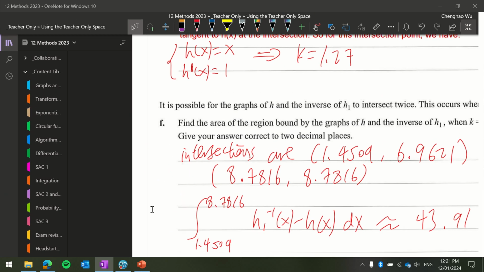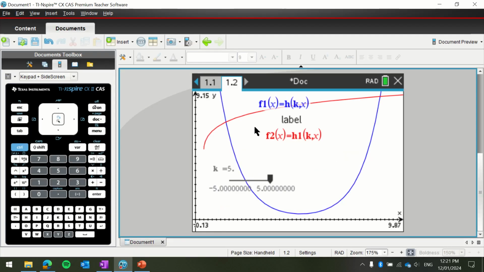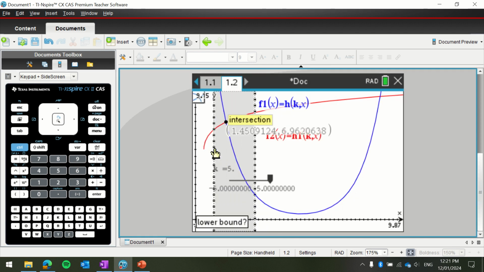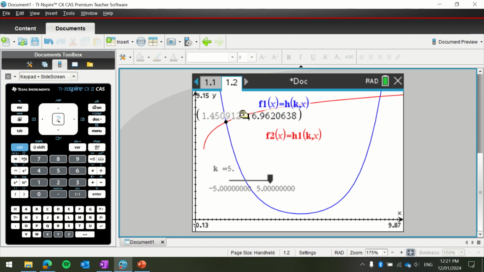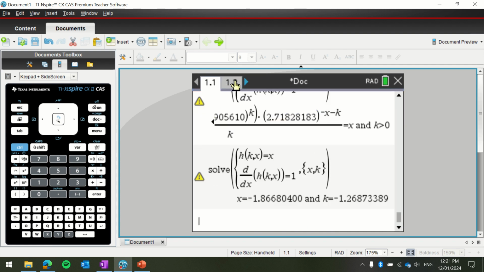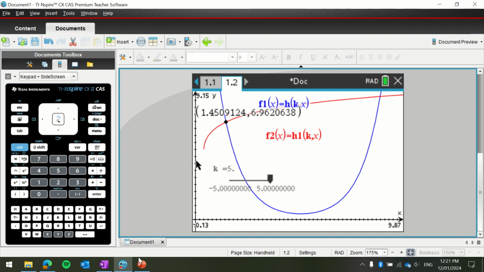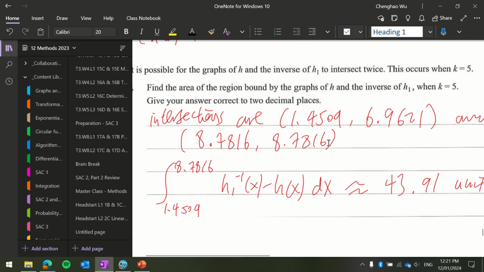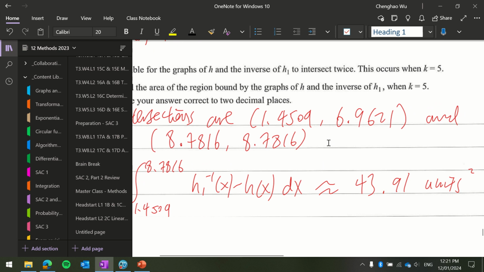Again, I would advise you not to do this, because those numbers may or may not be correct. The arithmetic that the calculator does in the graph page isn't really proper. You need to go to the calculator page to find coordinates and numbers. So you find intersection points, and the x values are the terminals of your integration, and then you do the inverse of h minus h, and you get the answer with the calculator.